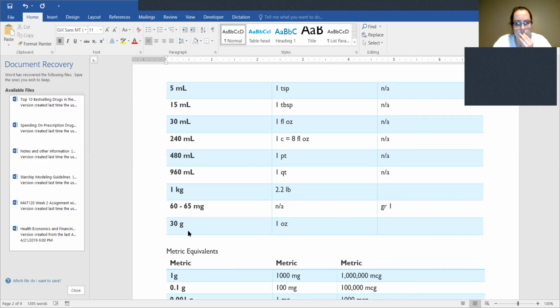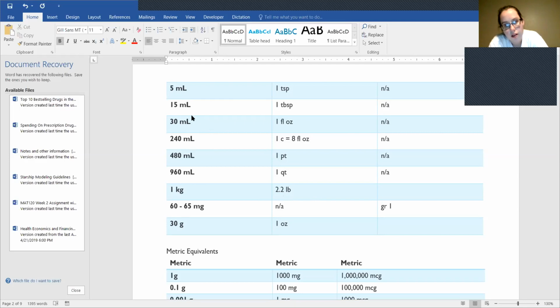In terms of weight, approximately 30 grams is an ounce, and it's something like 28.8. Now, note here, 30 milliliters is a fluid ounce. 30 grams is a weight ounce. It turns out that this 1 gram per milliliter is a very close approximation: the weight of a milliliter of water is a gram.